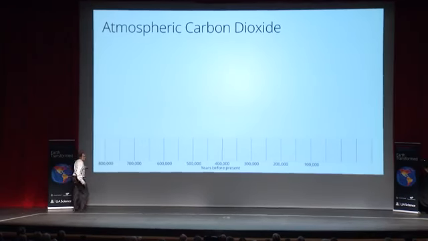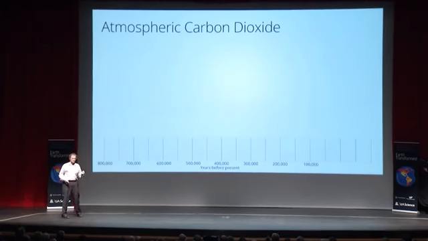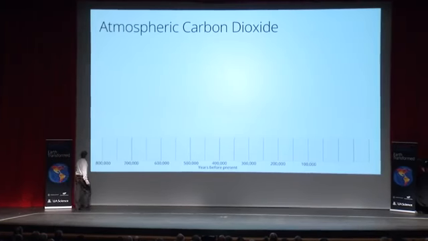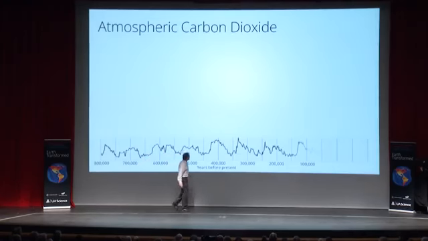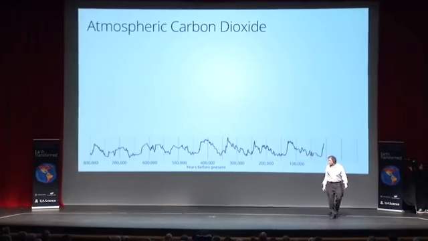800,000 years ago, we know this not because there was a caveman or something like that. Actually, there's no people here, right? Measuring carbon dioxide, but you can go down to the ice and pull out air bubbles and just measure how much carbon dioxide was in the air 800,000 years ago. And you find out that it's been going up and down, up and down, up and down. Each one of these downs is an ice age, where you have 3 kilometers of ice sitting over northern North America.